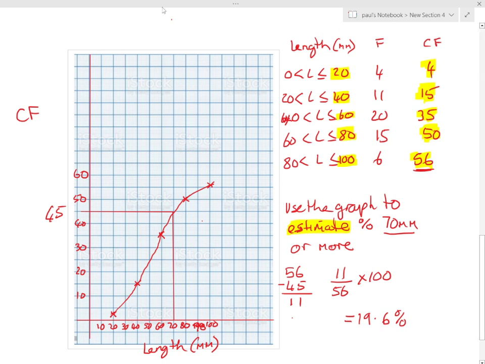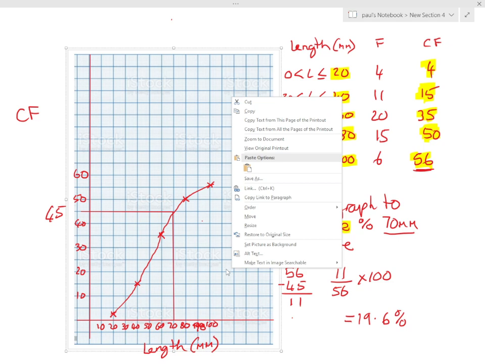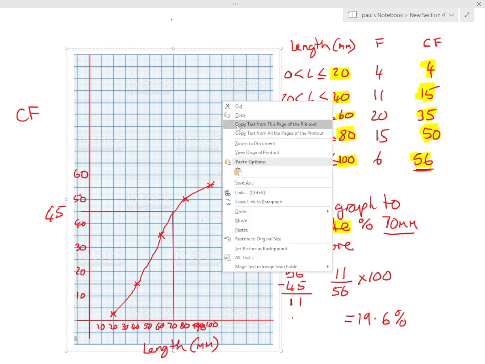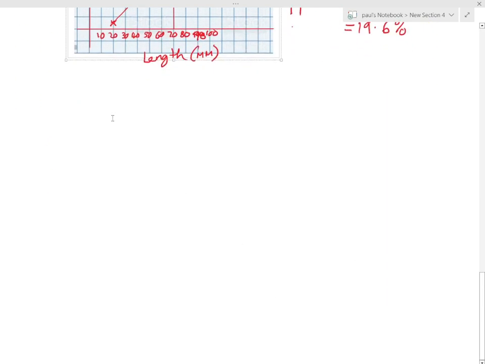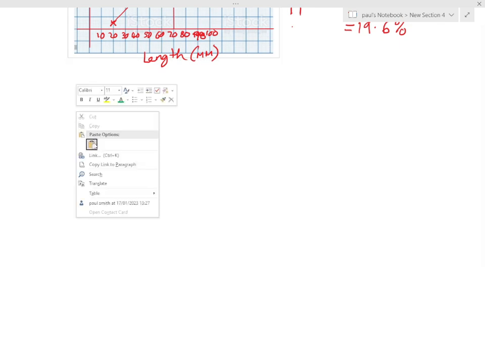So let's have a last one, which I believe is an actual example. Right, so here we've got some marks. Some students have taken the exam and they've given us their marks.